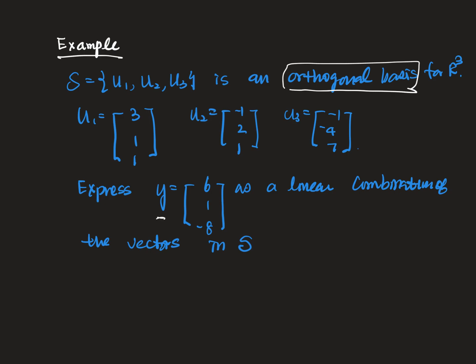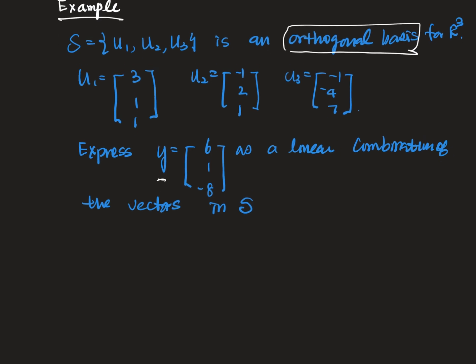Previously we used row reduction, but you don't have to do that when you have an orthogonal basis. Let's try this one, guys. We want to find y equals c1 u1 vector plus c2 u2 vector plus c3 u3 vector.